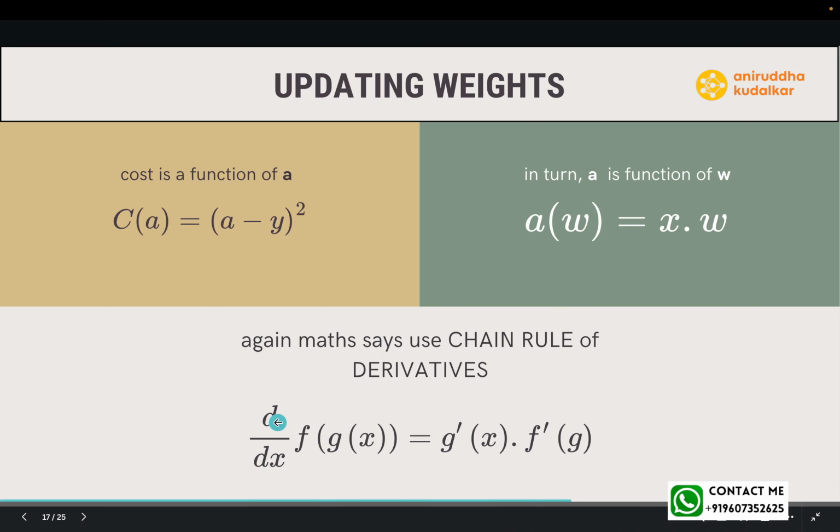Whenever you need to take the derivative of f with respect to x, it can be represented in this form, or in the dash form: g dash of x, f dash of g. Can you see? g dash of x. So the derivative of g with respect to x, and the derivative of f with respect to g.